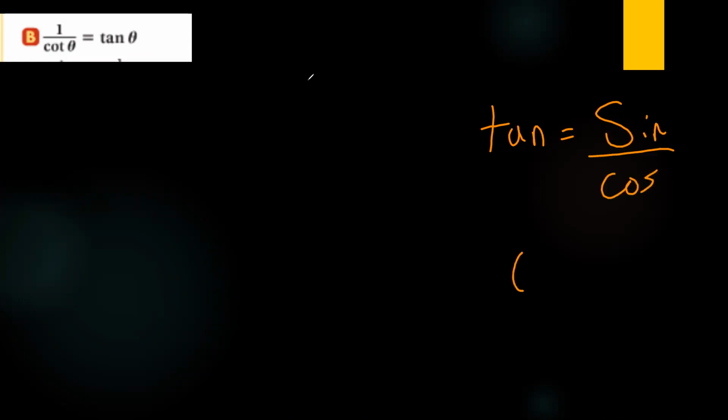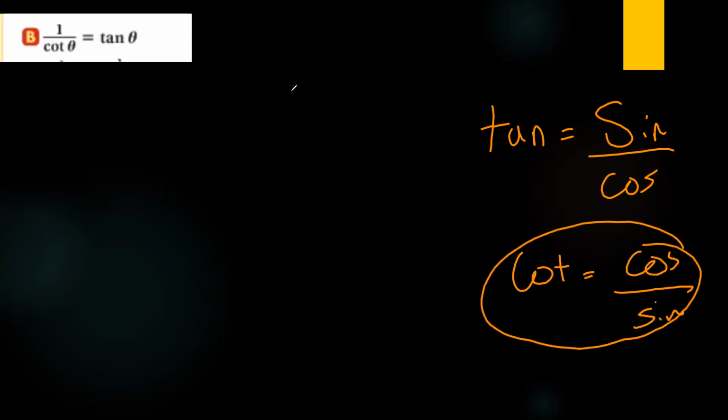Now, 1 over cotan, I want to prove that it is tan. We said yesterday that tan is sine over cosine, and cotan is cosine over sine.